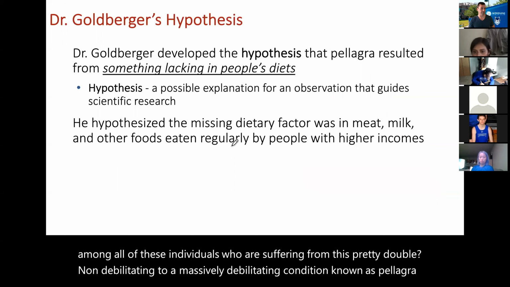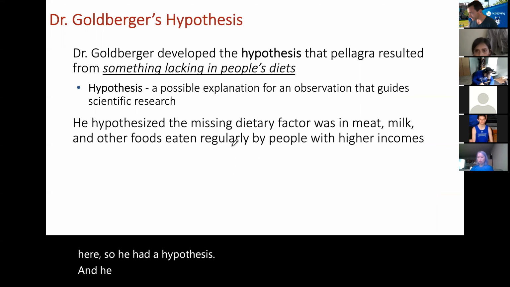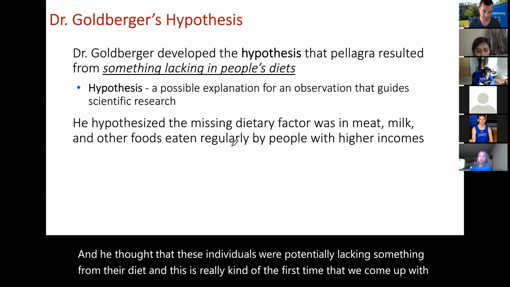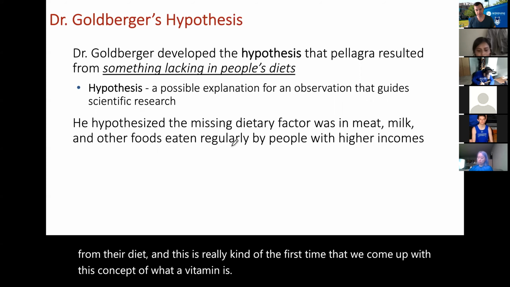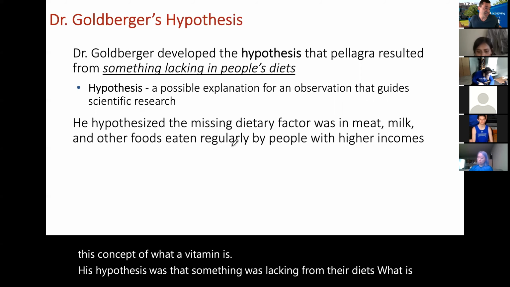So he had a hypothesis. And he thought that these individuals were potentially lacking something from their diet. And this is really kind of the first time that we come up with this concept of what a vitamin is. His hypothesis was that something was lacking from their diets. What is a hypothesis? Just a guess, right?